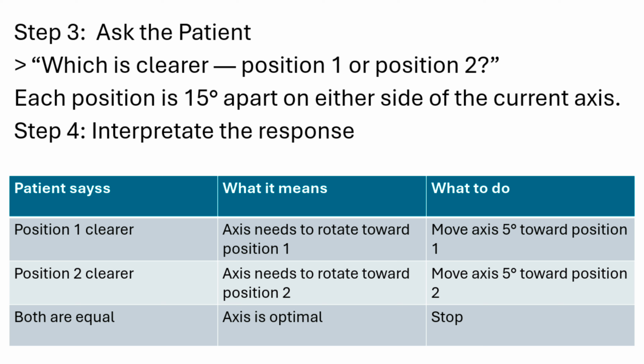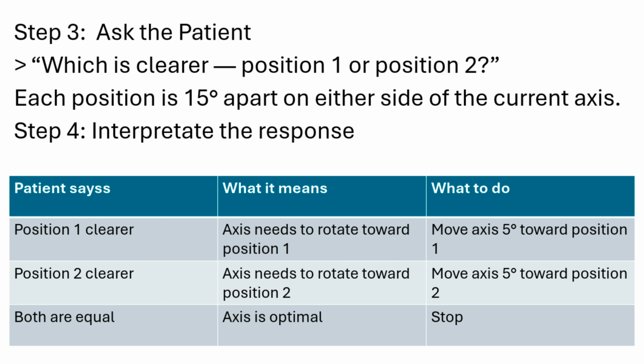Now you can see the table. If the patient says position 1 is clearer, the axis needs to rotate toward position 1, and then move the axis 5 degrees. If the patient says position 2 is clearer, the axis needs to rotate toward position 2, and we move the axis 5 degrees toward position 2. If the patient says both are equal, the axis is optimal, then we have to stop. Repeat the JCC test after every axis change until both positions look the same.